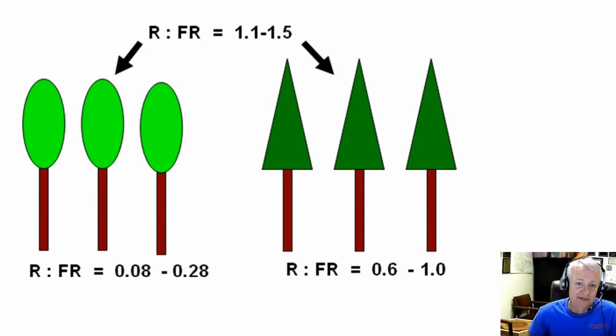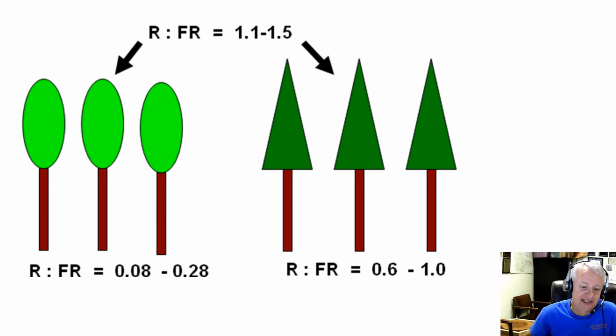Phytochrome can also serve as a sensor of overstory, or the composition of the overstory. And that's because the red to far red ratio underneath broadleaf canopies tends to be different than underneath conifer canopies.